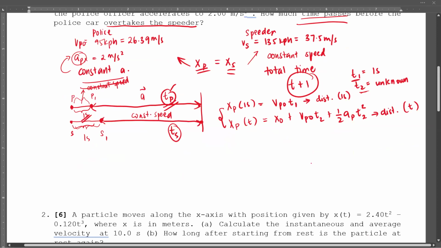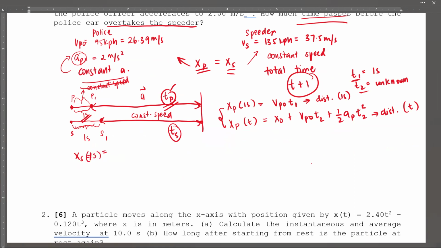And then kay speeder naman, all throughout the motion, di naman siya nag-accelerate. So, isa-isayin pa rin natin. Speeder at 1 second, meron siyang v speeder times time ulit, t1, at ang t1 natin again dito ay simply 1 second. And then, speeder at the time t, kung ilang segundo yung lumipas bago sila magpantay ni police is excess of t.